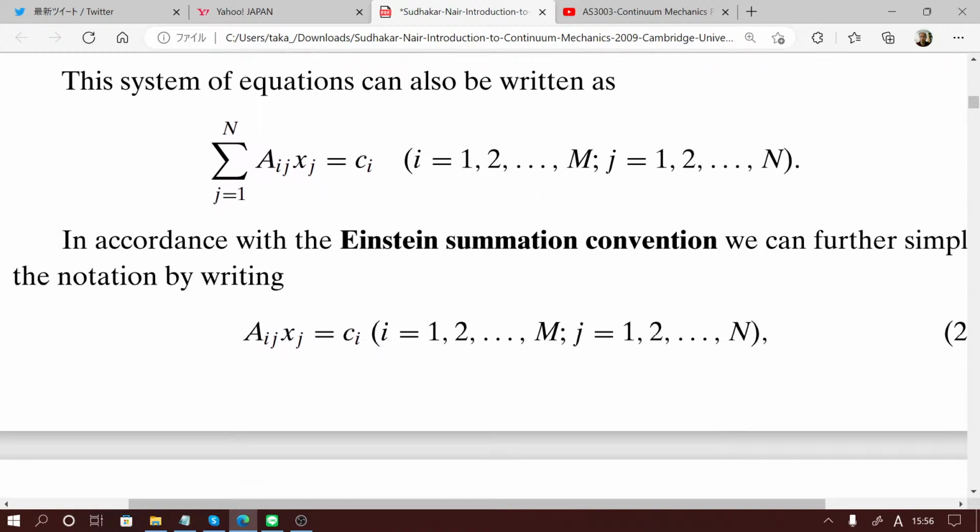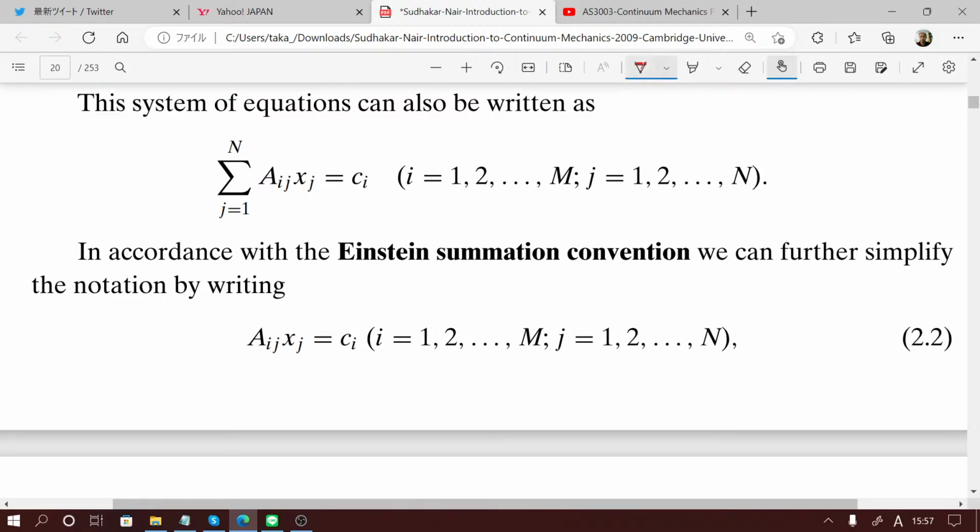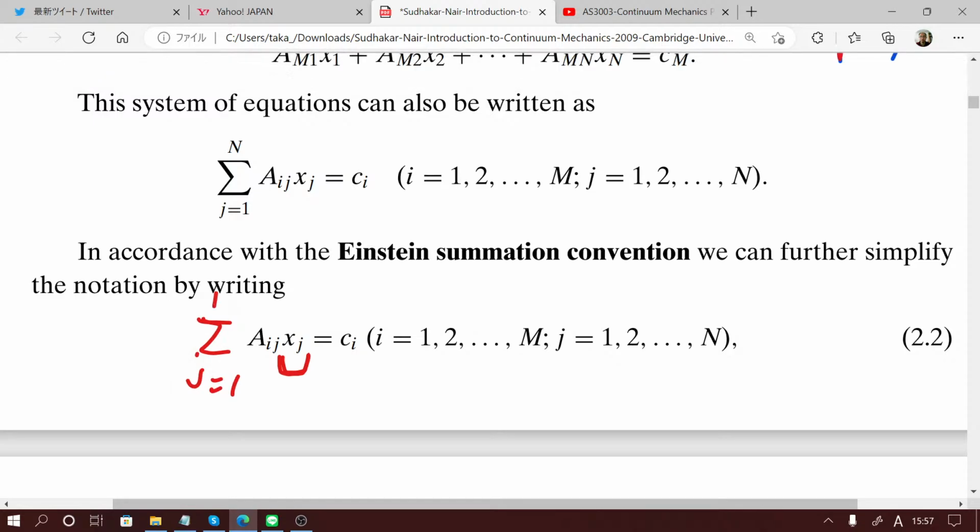In accordance with the Einstein summation convention, we can further simplify the notation by writing aij xj. So this summation is implicit, it is hidden. The summation over j is hidden, so aij xj equals ci.